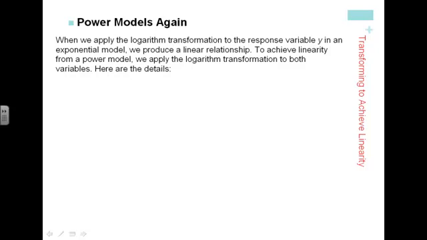Maybe it's exponential, or maybe it's raising something to a power, like the way we raised the diameter of the pizza to a power to get something more like area. But what if we don't know what the appropriate power is? Can we transform the data? And in doing so, if we achieve some linearity, maybe we could prove it's a power model, and also in this procedure, find out what the right power is.